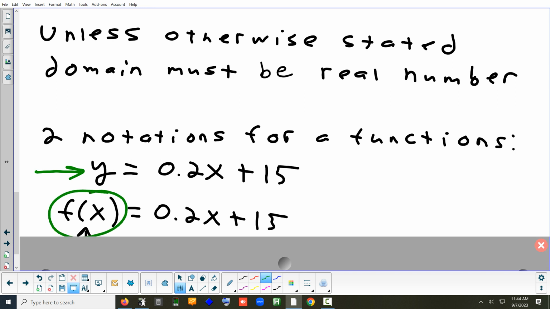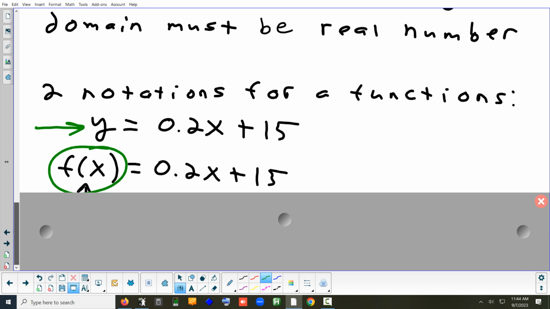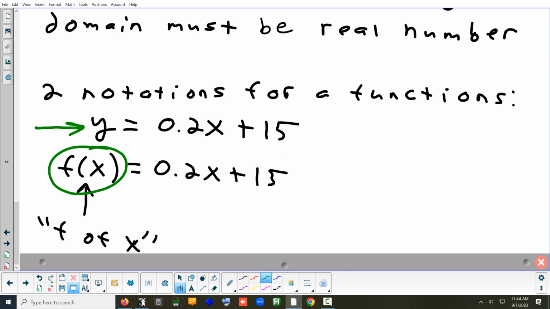Yep. So f of x is just another way to write a function, and it takes the place of the letter y. If it confuses you when you see it, then change it to a y. But that's called f of x notation.